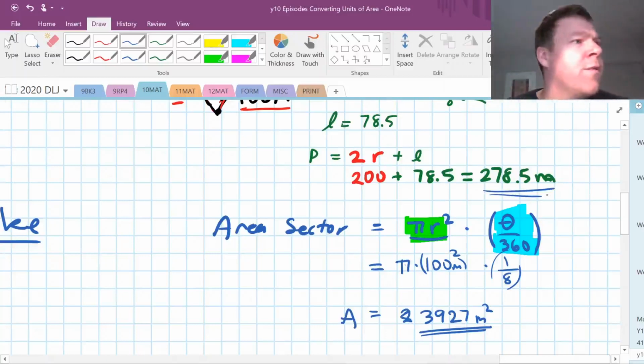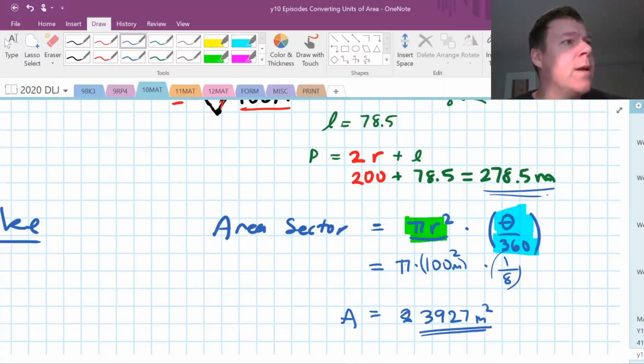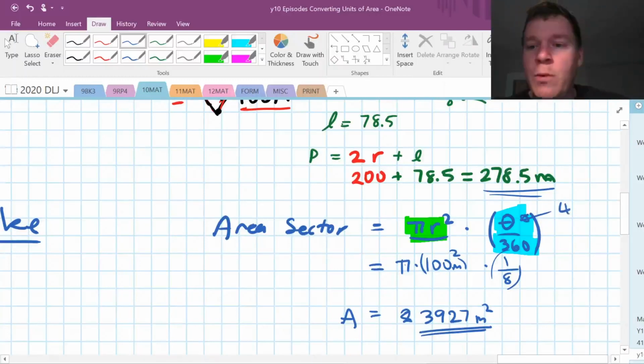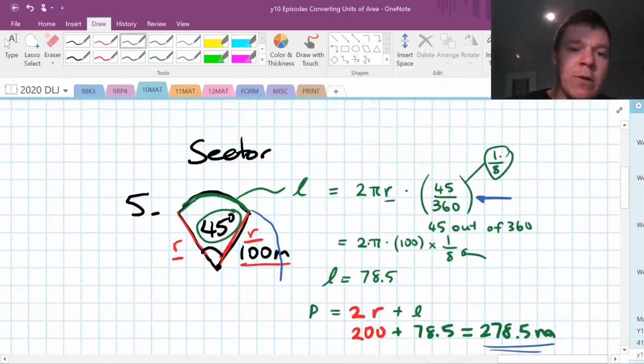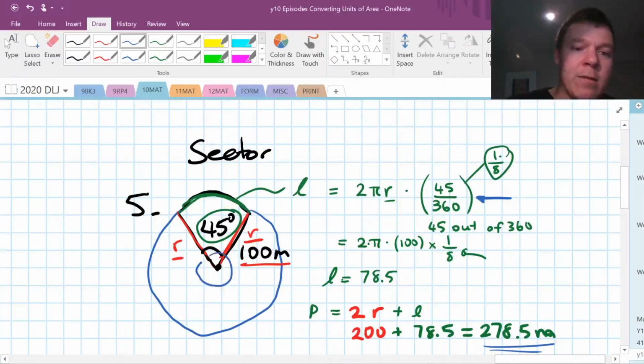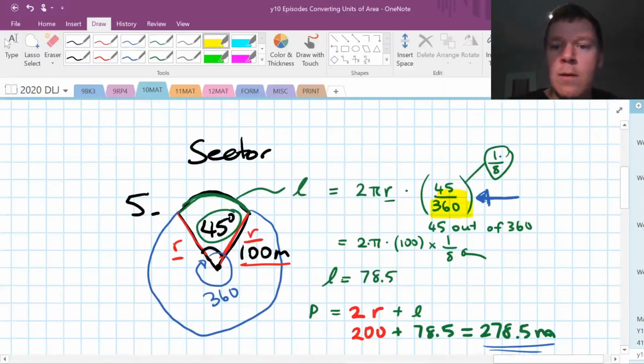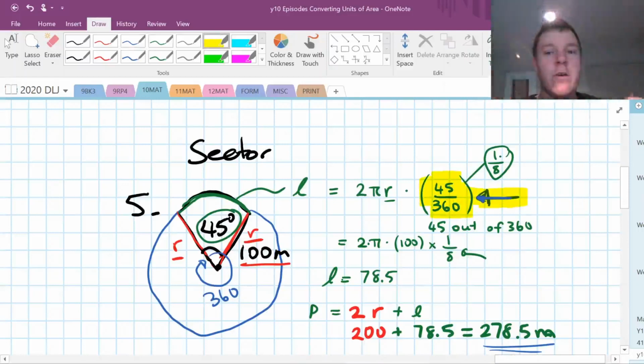Leilani asks, why is it divided by 360 degrees? Yeah, it's divided by 360. So in here, I put 45. So if we thought about the full circle, Leilani, that is 360 degrees. So this yellow part is the proportion of the whole circle.